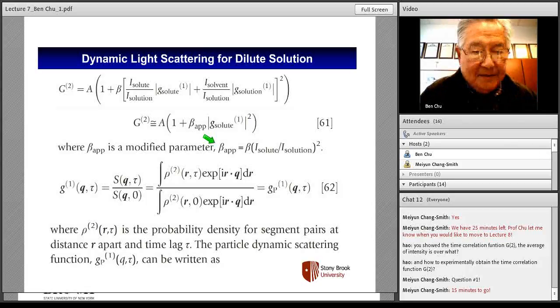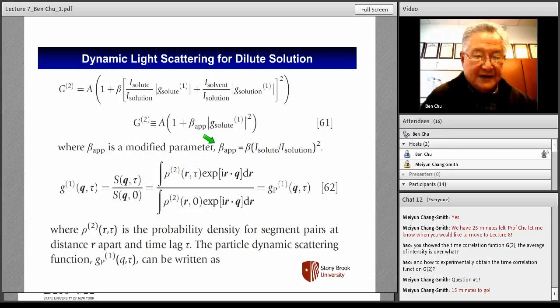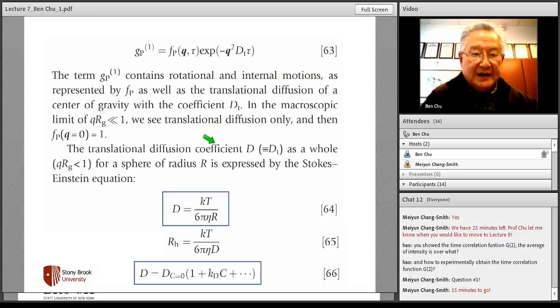Now, the other equation, 62, is probably of less importance, but they will keep on going. And this is for particles, a part related to the diffusion coefficient due to translational motions.